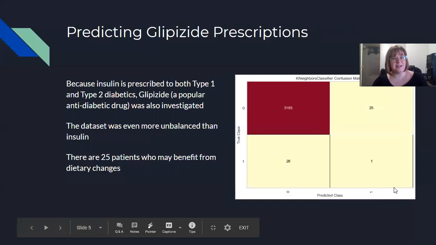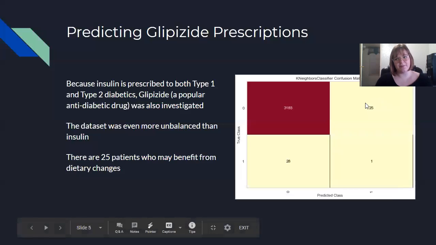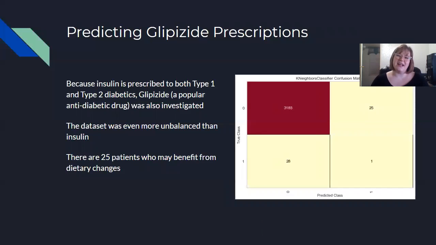And I did get a model that did predict glipizide prescriptions. So there are 25 patients who may benefit from talking to their doctor about dietary changes. However, I'm a little hesitant to make recommendations based on this, again, just because the data set is so unbalanced.